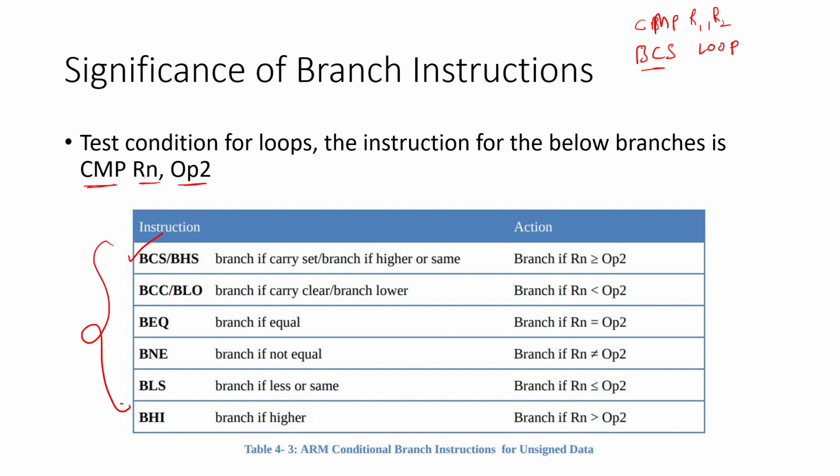So BCS loop means if R1 is greater than R2, the program control will be transferred directly to the label where the loop is written. Similarly, we have BCC, BEQ, BNE, BLS, and BHI. If you are interested in looking at it, please pause here and take a screenshot.